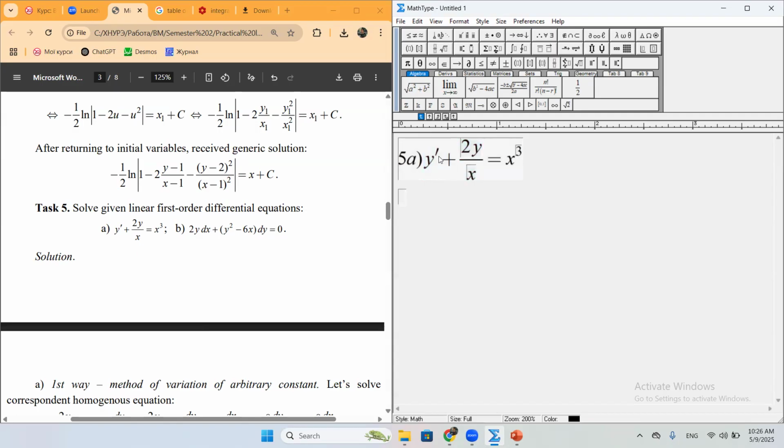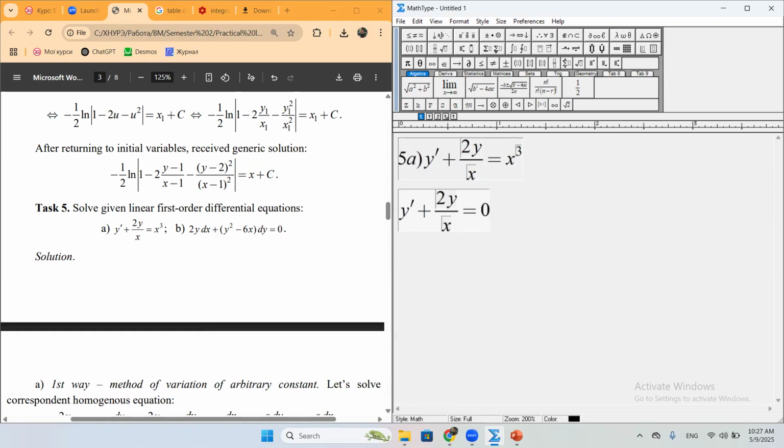Linear equations can be homogeneous and non-homogeneous. Linear equations are homogeneous if there are no free members, but here we have a free member x cube, so it is non-homogeneous. How to solve using the method of arbitrary constant variation?